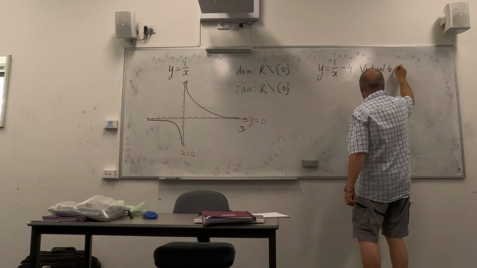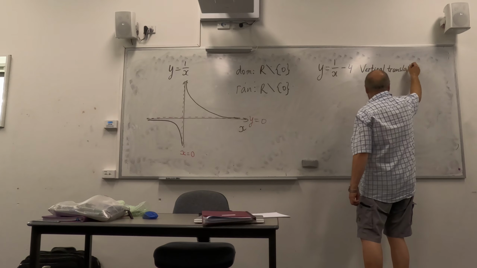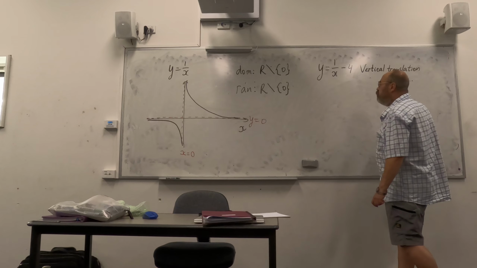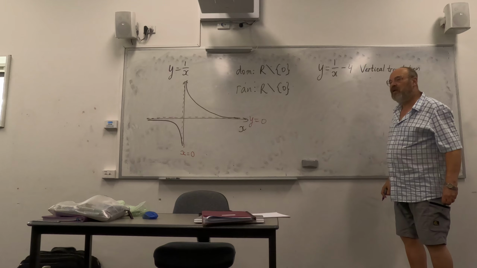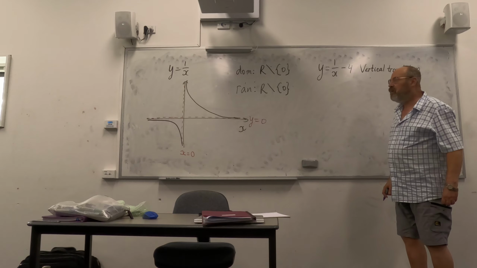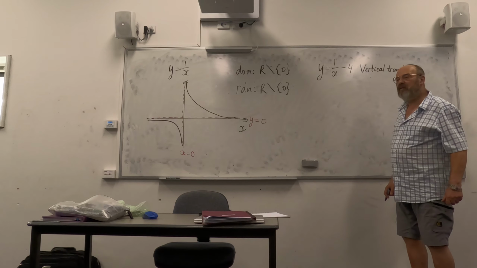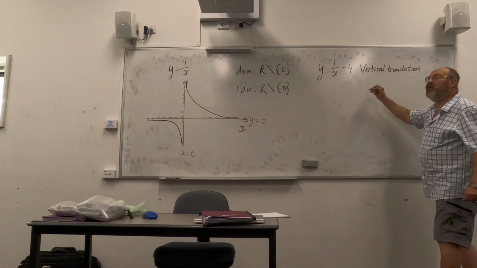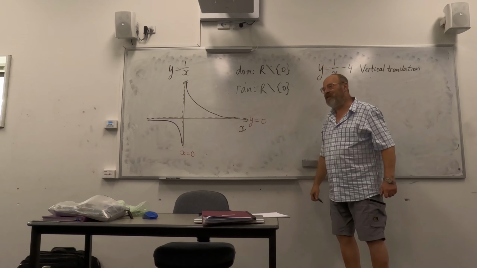Wouldn't the y-intercept be negative 4? To find the y-intercept, you have to have x equals 0, which we cannot because it's in the denominator.